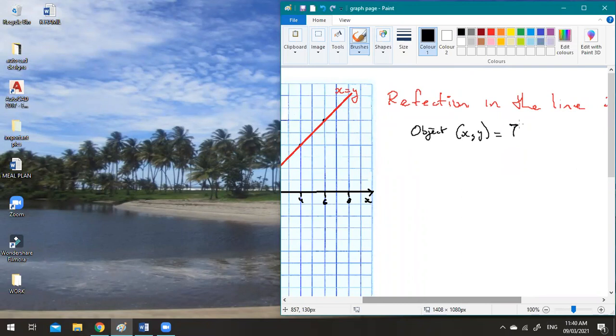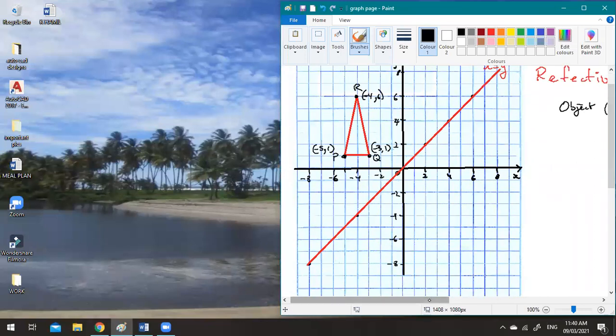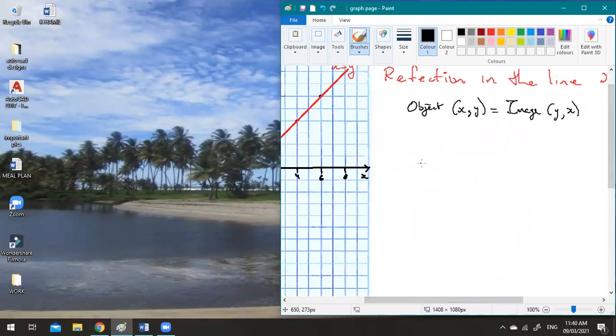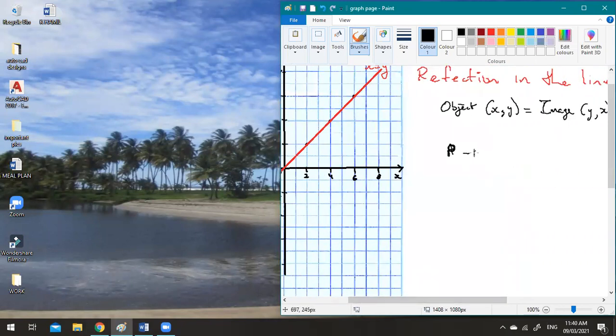For the image, you replace where the x and the y value is, right? So without even watching the diagram, right? If P is negative 5, 1, the image of P under the reflection would be 1, negative 5.